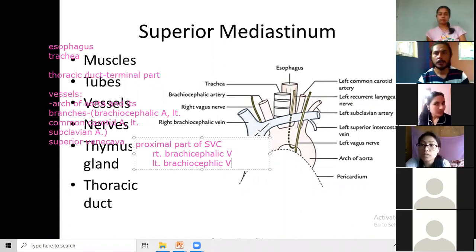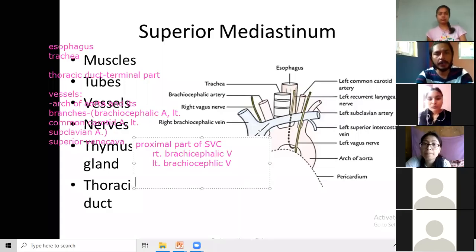These two tributaries unite together to form the superior vena cava. So these are the two veins you will see here, and one more vein you will see in this region is the left superior intercostal vein also.